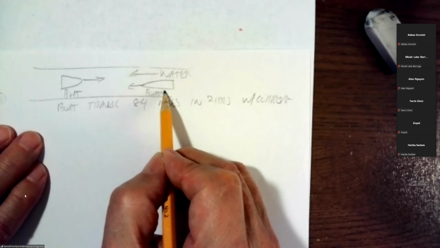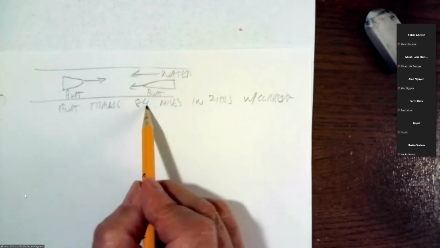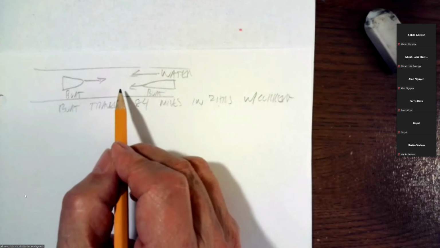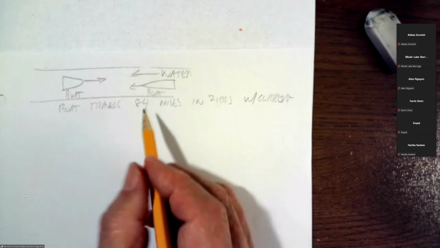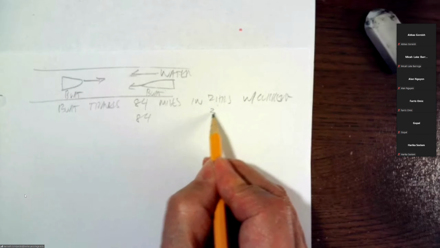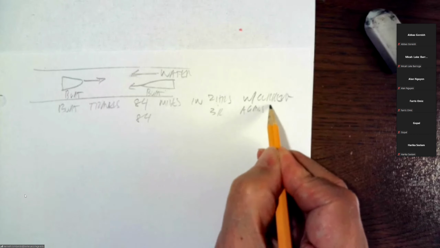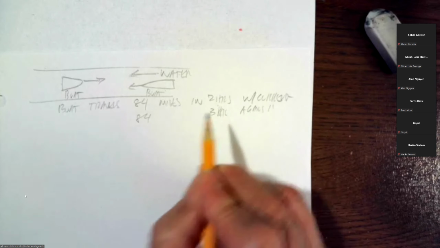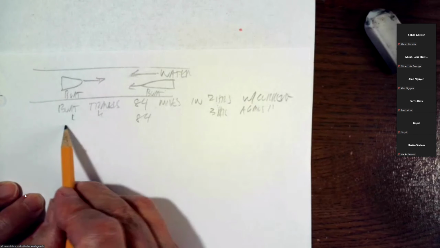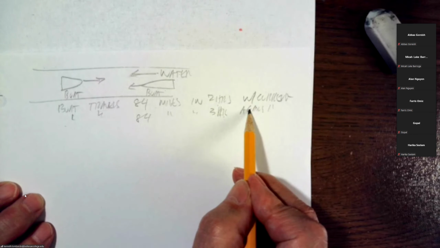And the idea is if the boat travels 84 miles in 2 hours with the current, and against the current to do that same 84 miles takes 3 hours. So the boat travels 84 miles in 2 hours with the current and 84 miles in 3 hours against the current.